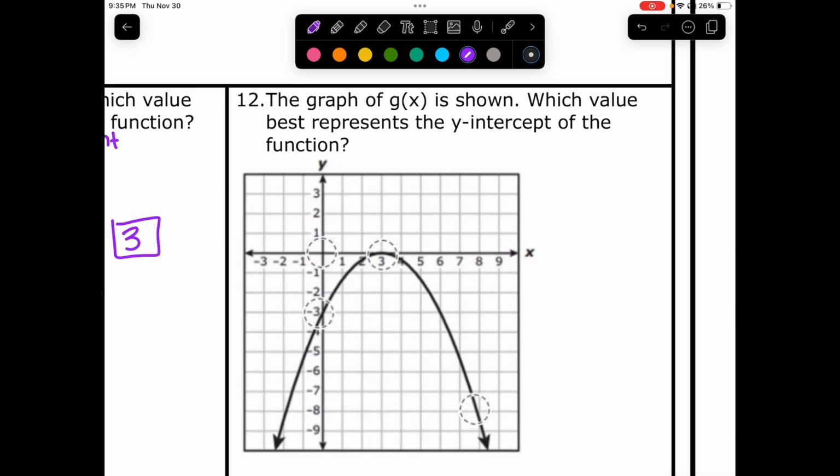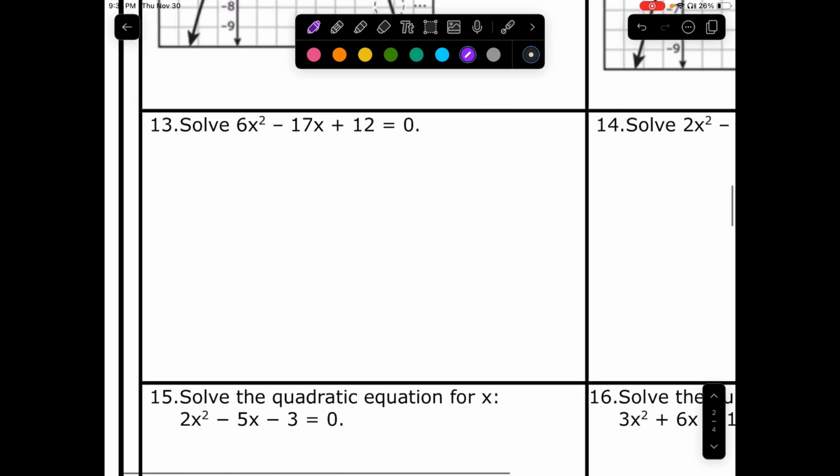All right, number 12, go ahead and try it. 13, let's go ahead and solve this equation. As I am looking, this might be factorable, but I'm not going to try it. These numbers are kind of janky looking.